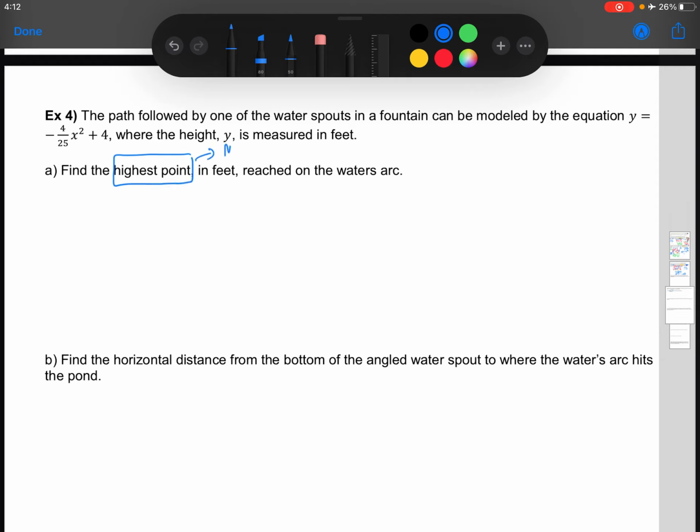Remember, your highest point is your maximum. Maximum has to do with your vertex, right? So it will be the y coordinate of the vertex. That's what you're going to be finding. So go back and look at lesson 1 if you've forgotten the formula, because these are the formulas for this question that we did in lesson 1. I hope you're able to do all of this. Good luck.